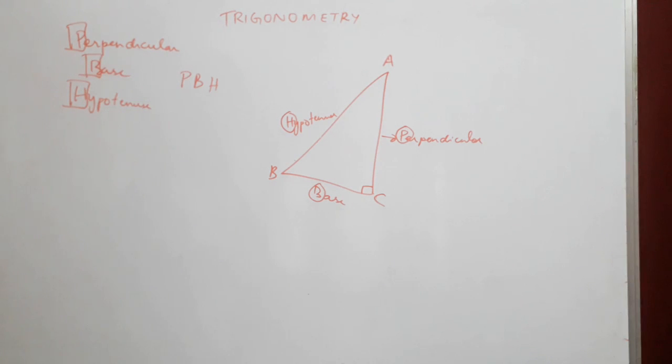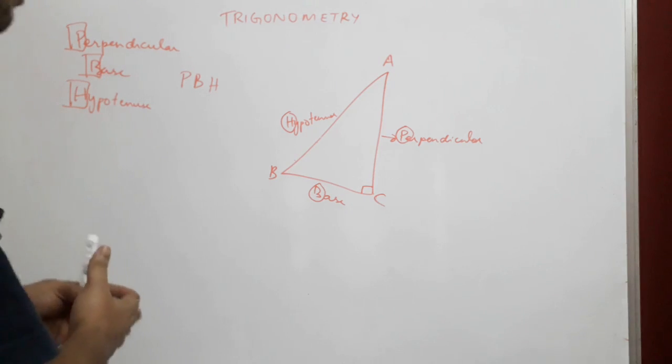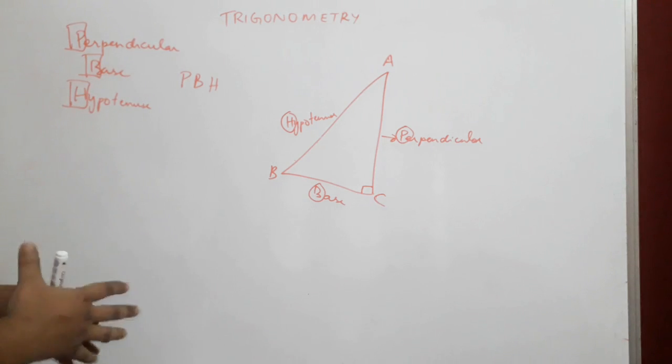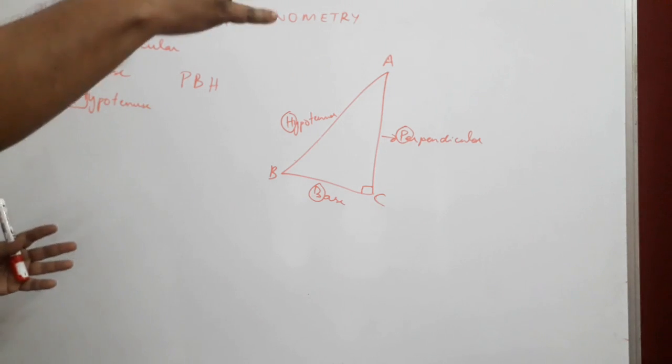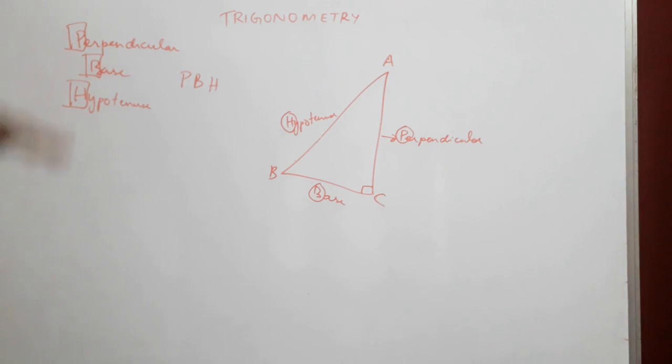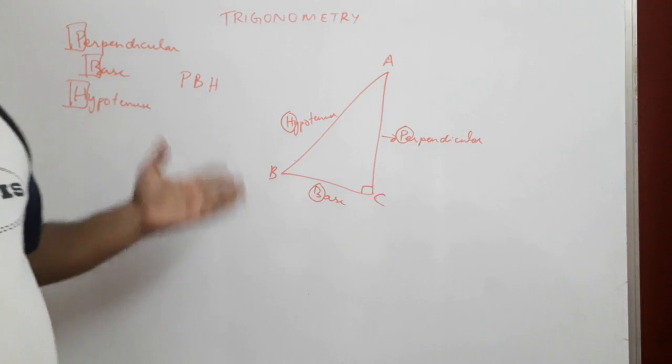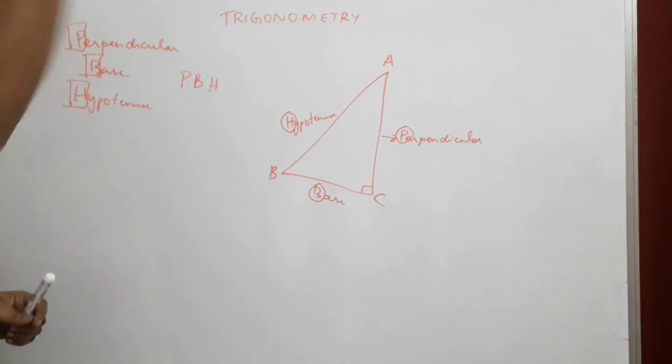The next thing we need to know is about angles, angles within this triangle. When we look to measure certain distances or heights, if it is at an elevation, or let's say we are looking from top to down, angles are always involved because we are looking at a particular angle.